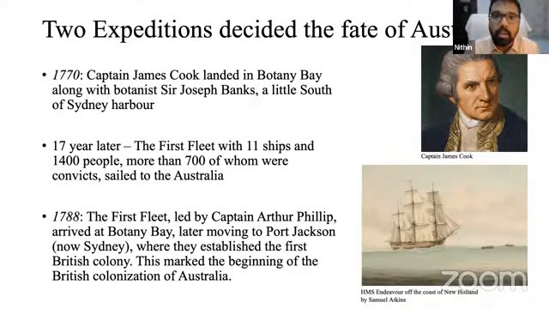But when they landed, they found out that it was not as good a land as what James Cook wrote about. They shifted a bit north and reached Sydney Cove, which is now called Sydney Bay. And HMS Endeavour is the ship in which James Cook first landed in Australia.